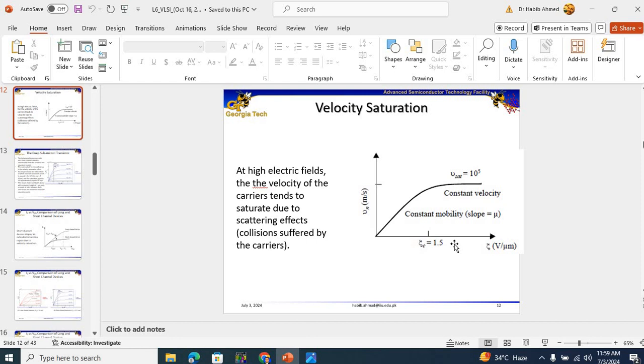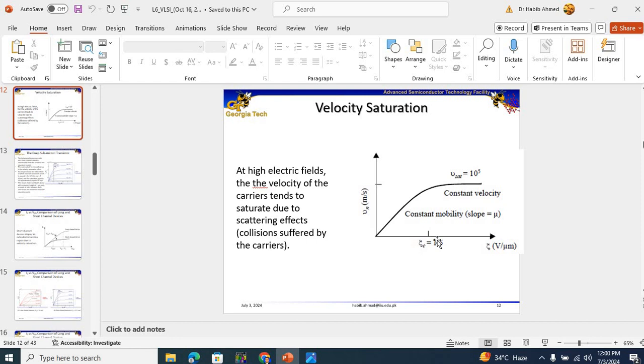Let us quickly do the calculation. It turns out to be 1.5 volt per micrometer. So once again, we are at the critical electric field at this point. So at a really low voltage, as I told you, 0.15 volt, we are at the critical electric field right now.